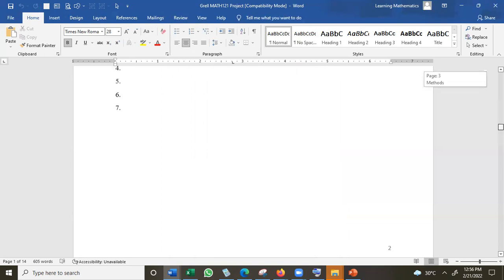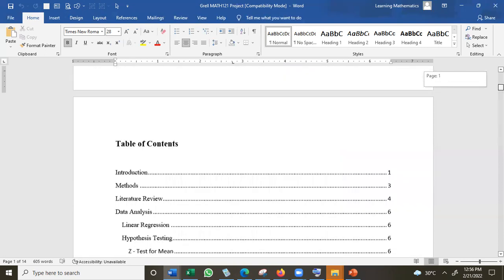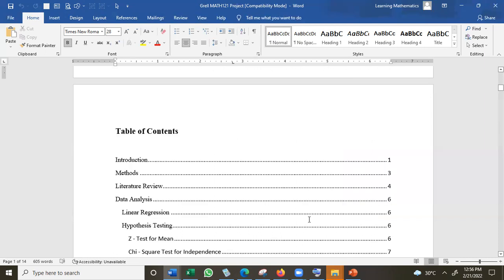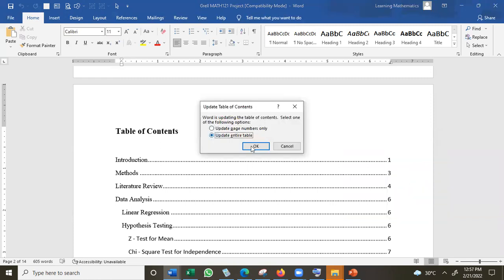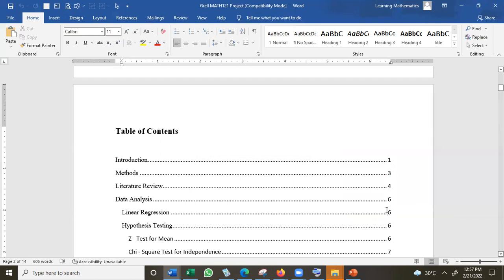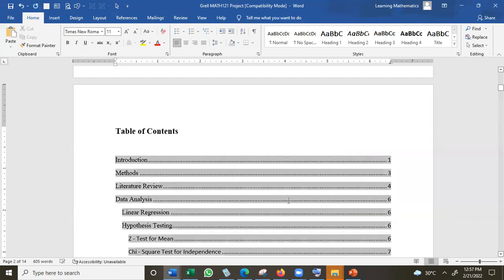The numbers are going to change. So to update, you just go to the table and you right click or you press Shift F10 and you click update field and update entire table. So automatically the numbers will be updated, the page numbers will be updated.